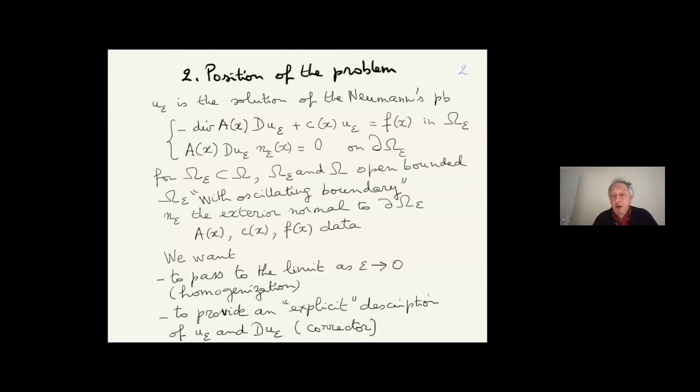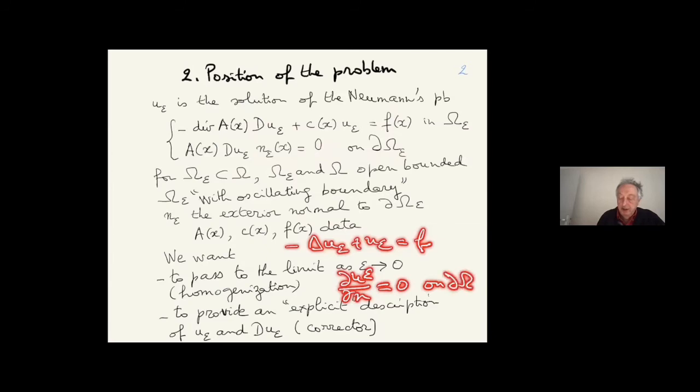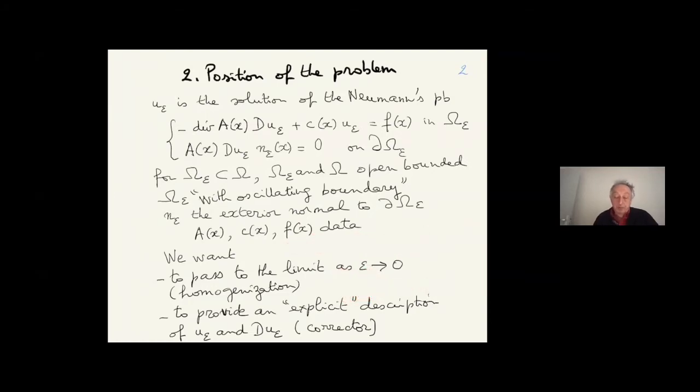In the case of the Laplace operator, all of that is minus delta u^epsilon plus u^epsilon equals F, and du^epsilon over dn equals 0 on the boundary of Omega^epsilon. Okay, we will make hypotheses which allow one to have a unique solution to this problem.